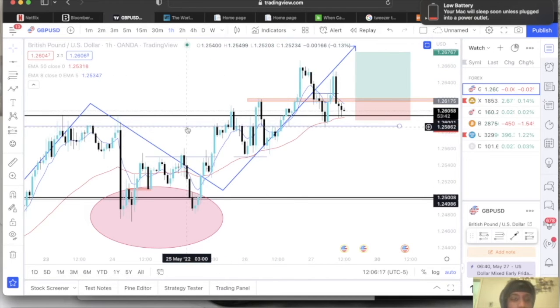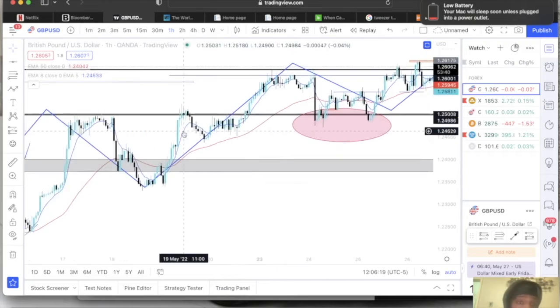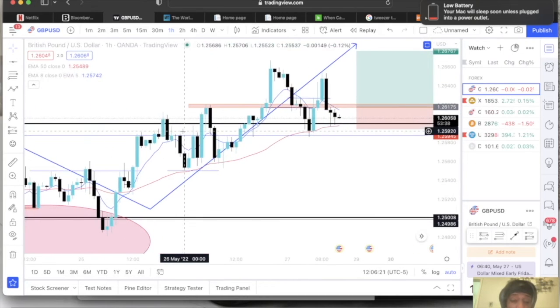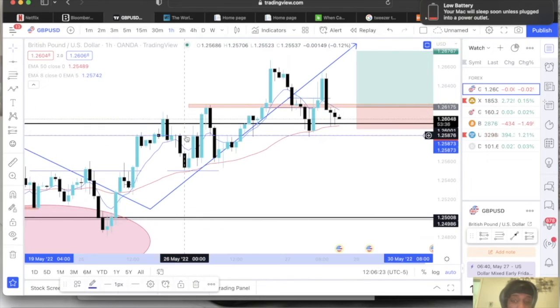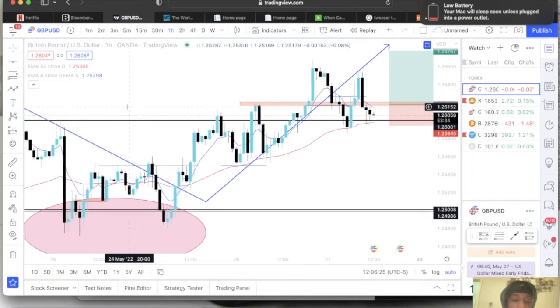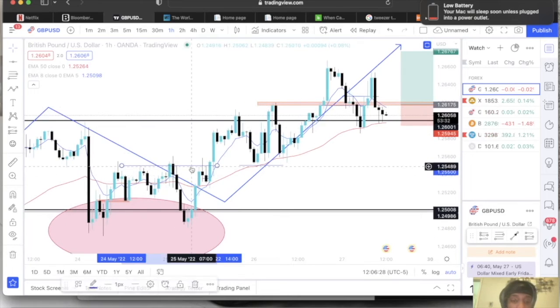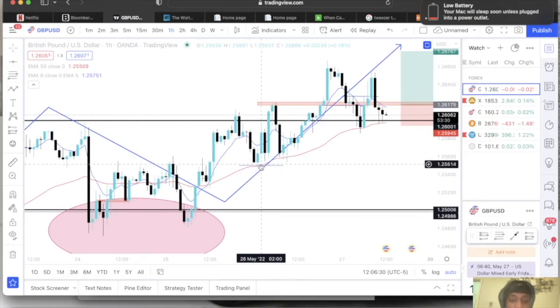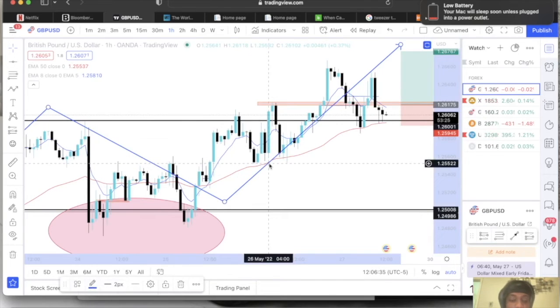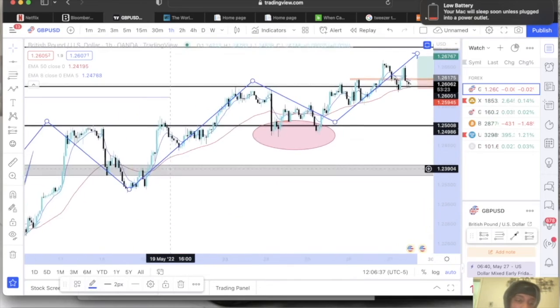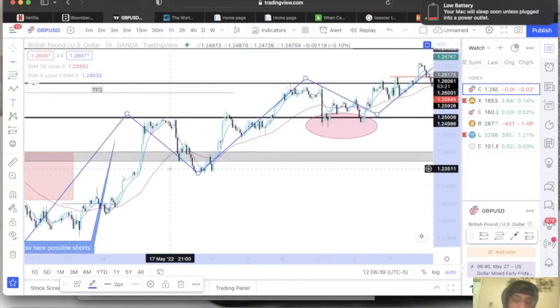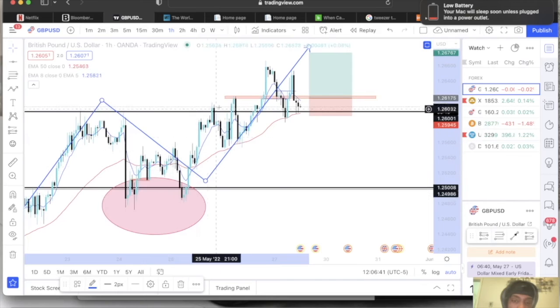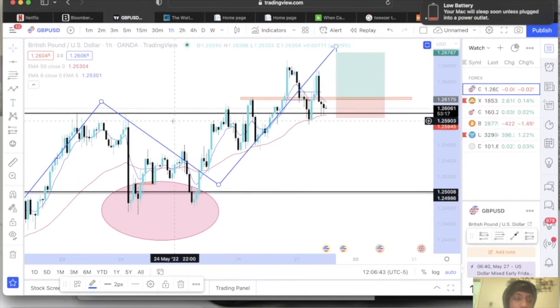I got stuff marked up because this is the actual charts I used to trade, and that I trade with, my own charts. It's just so much technical analysis, or supply and demand zones, that I have to keep in mind.